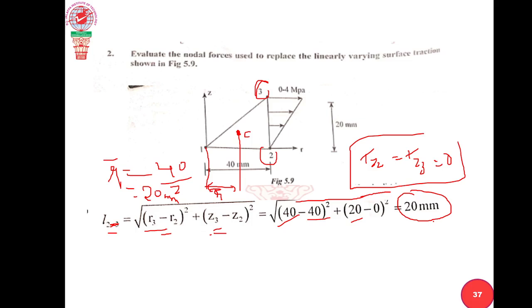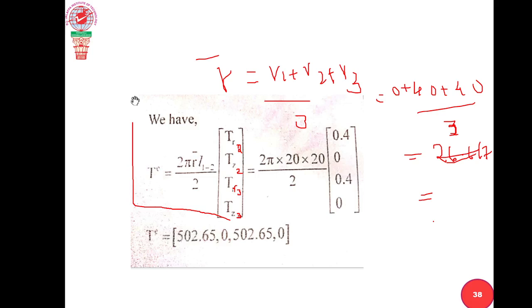Finally, the traction force becomes 2 pi r bar L23 divided by 2, times TR2, TZ2, TR3, TZ3. So r bar is 20, L you will get 20, TR2 you know 0.4, this is 0, this is 0.4, this is 0. Once you simplify and multiply inside the matrix, you get this much in Newtons.